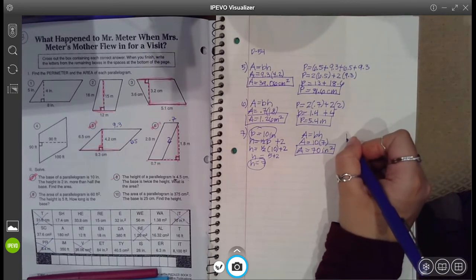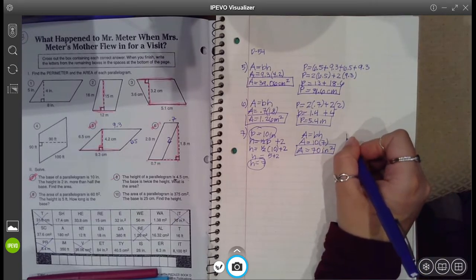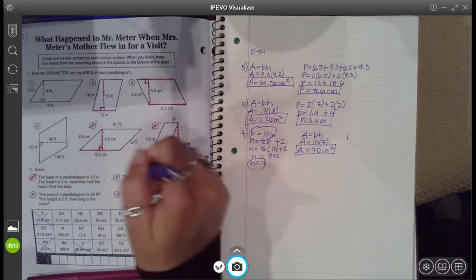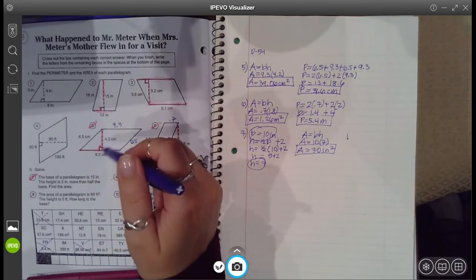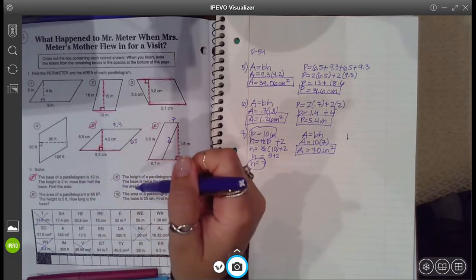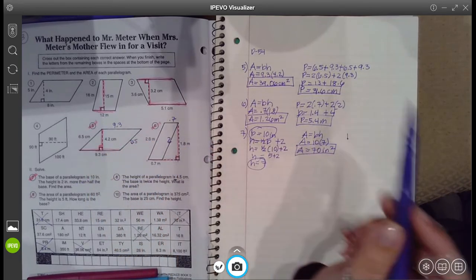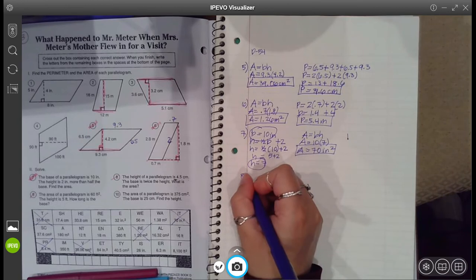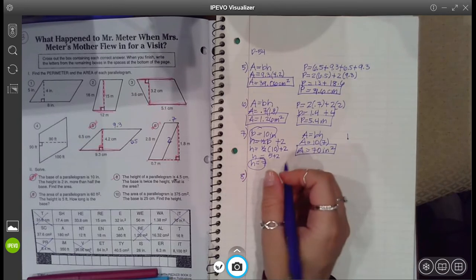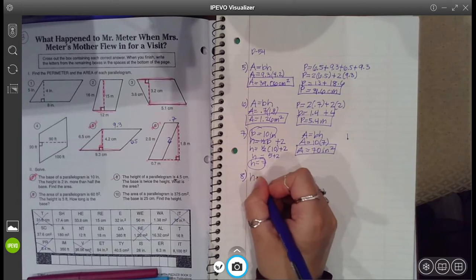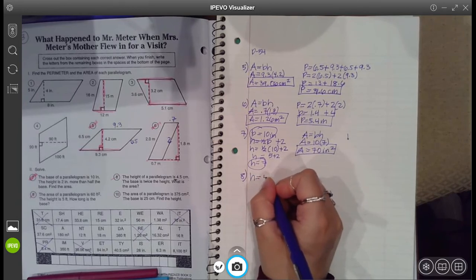Then they also wanted you to find the perimeter of these ones. You don't necessarily need to find the perimeter of these. So let's do number 8. Number 8 says the height of a parallelogram is 4.5.